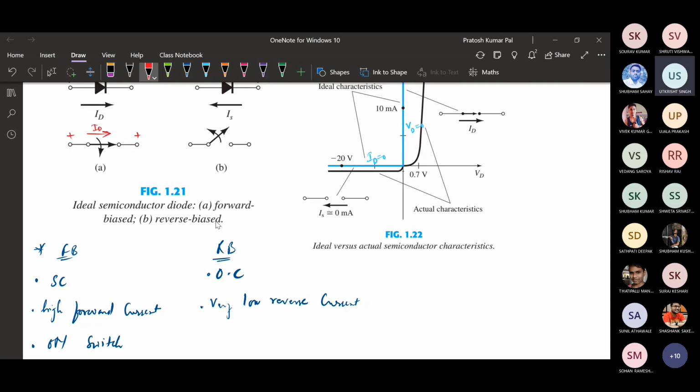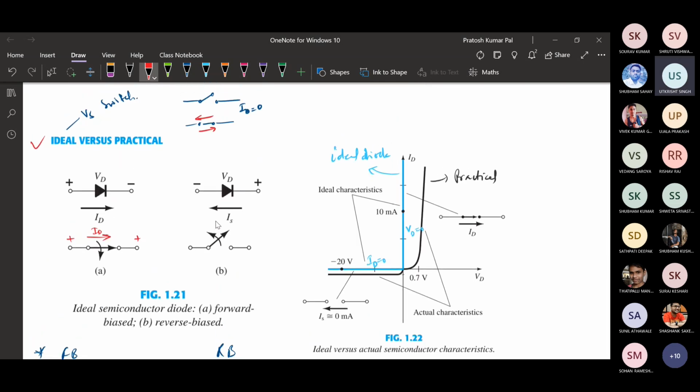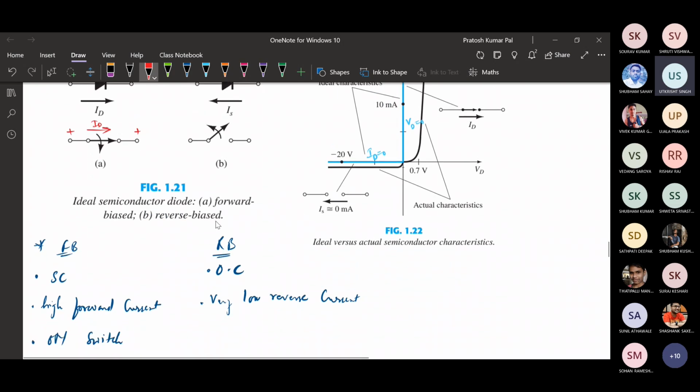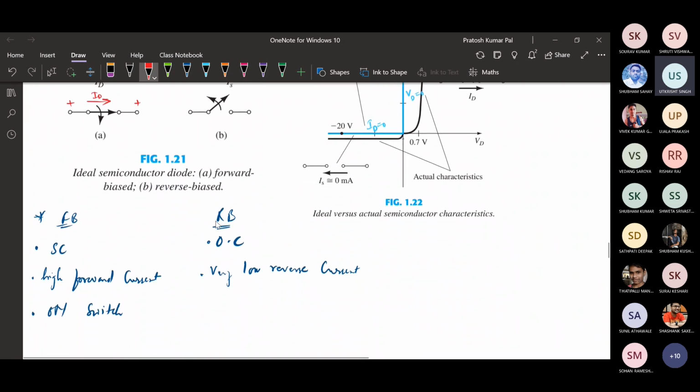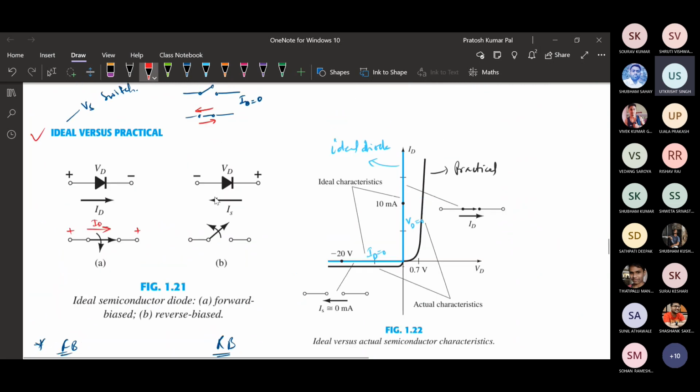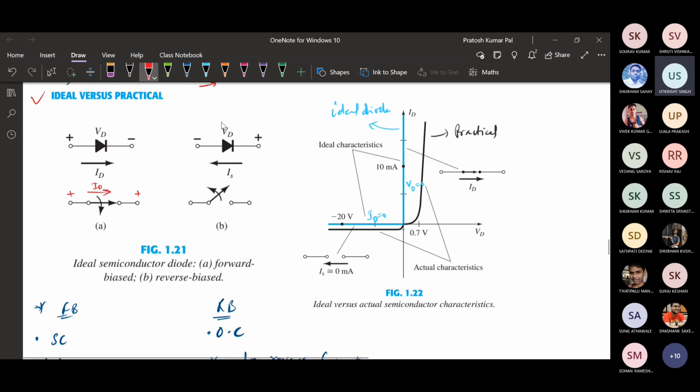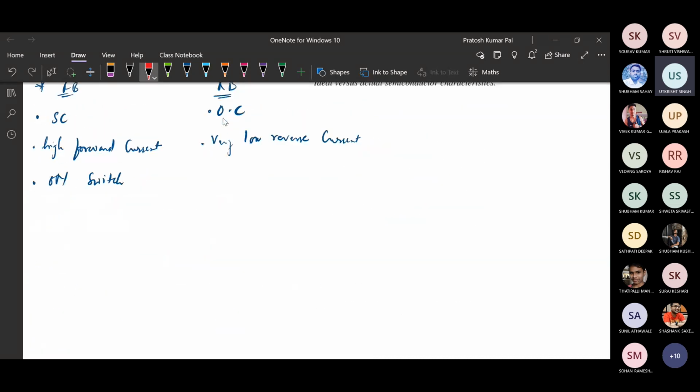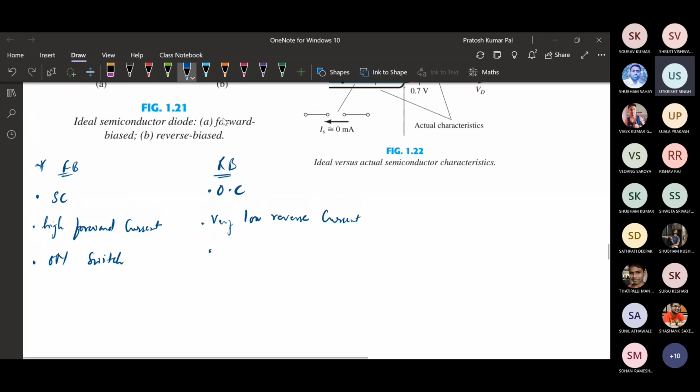So the basic difference between an ideal diode and a switch is this: in forward bias case, the current will be flowing in only one direction from positive to negative in case of an ideal diode, and in case of a switch, the current can be transmitted in either direction. So this will be like an on switch. In reverse bias case, it will be an off switch.